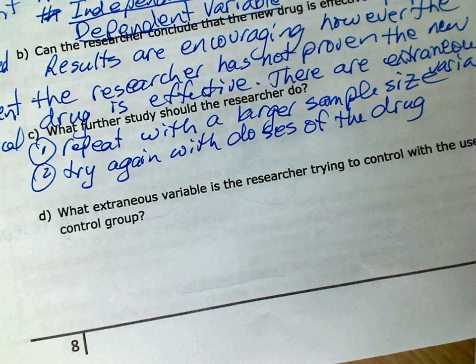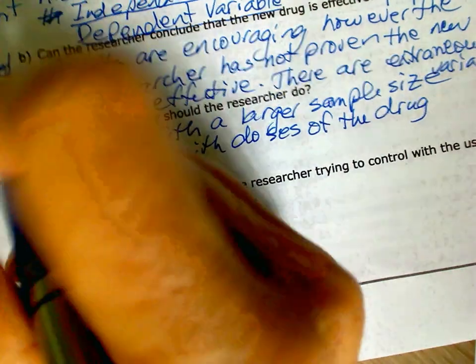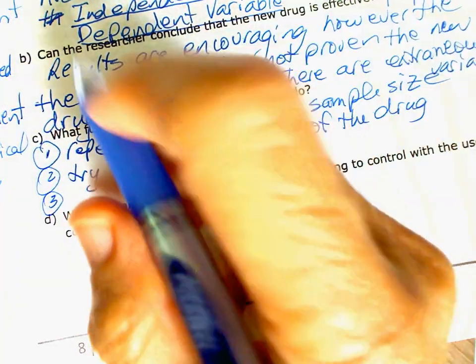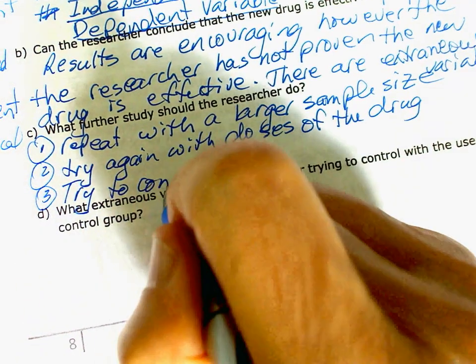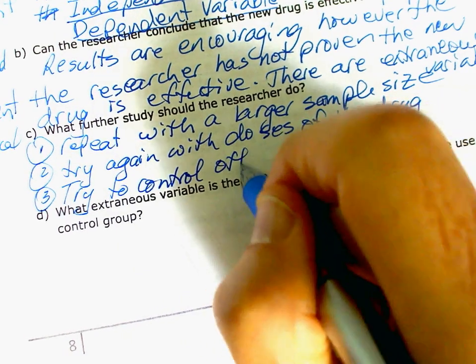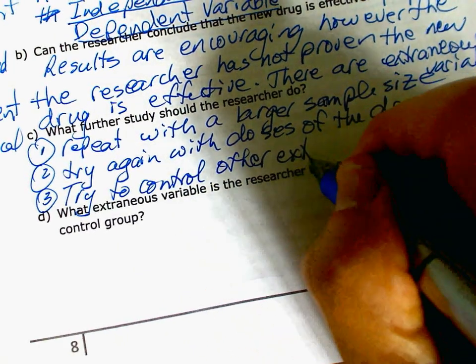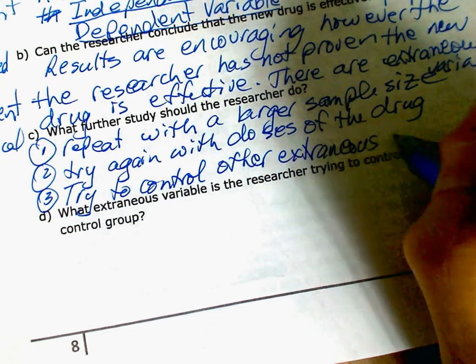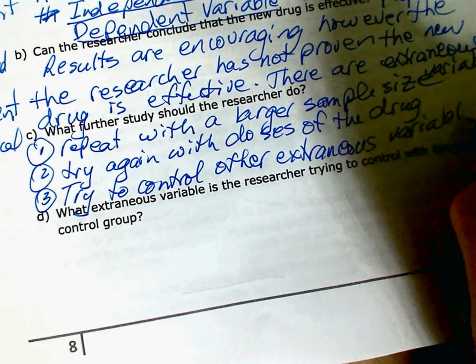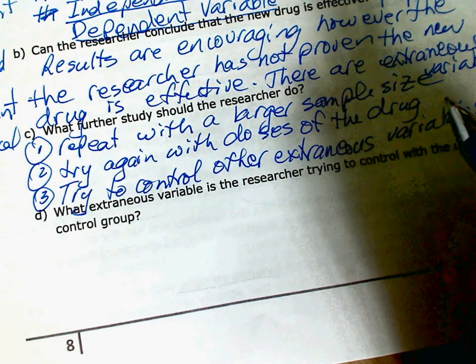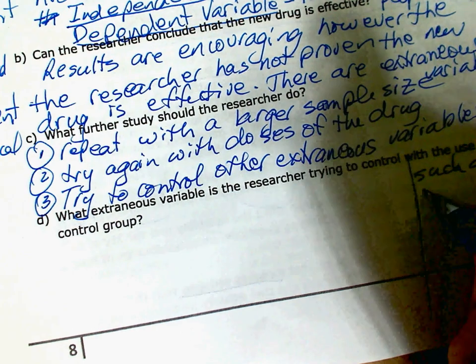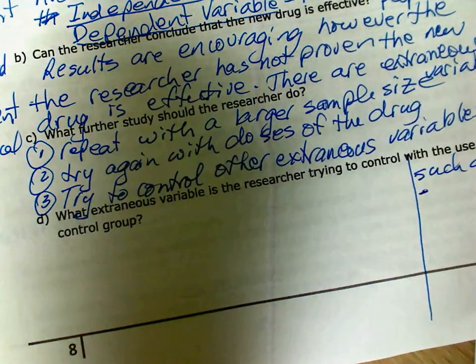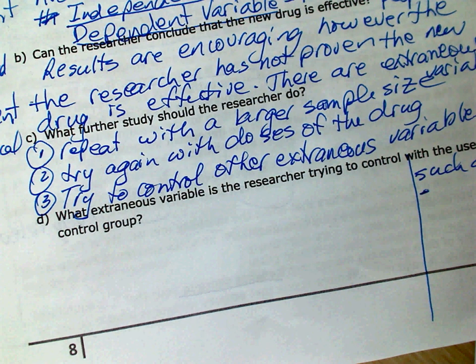The other thing he could do is try to control extraneous variables. What kind of extraneous variables are there? Such as, what extraneous variables could be affecting his study? Age.